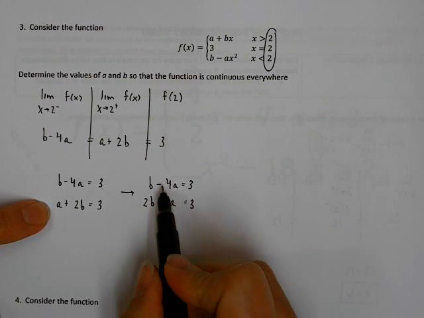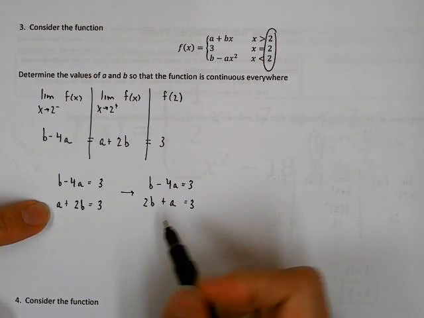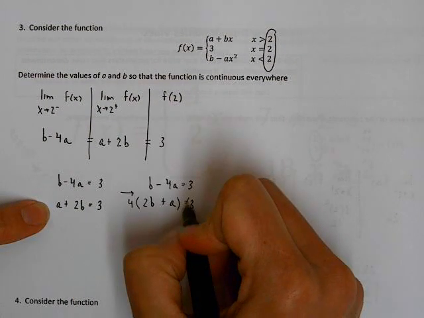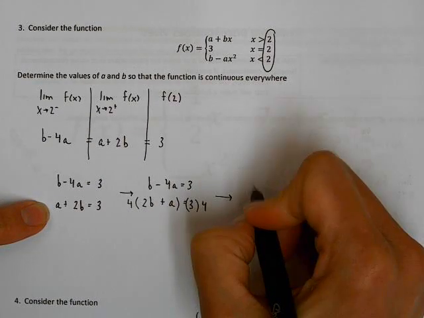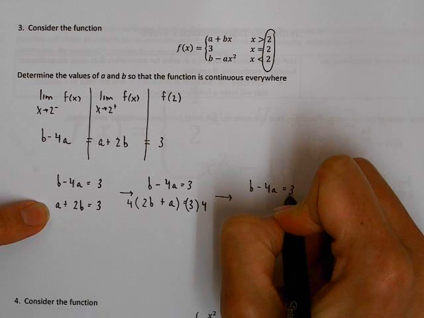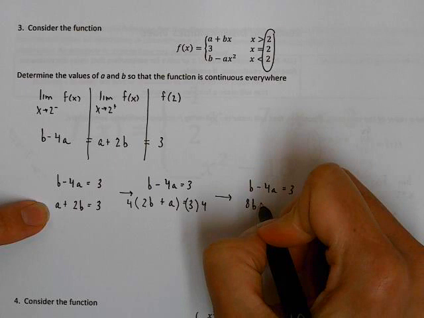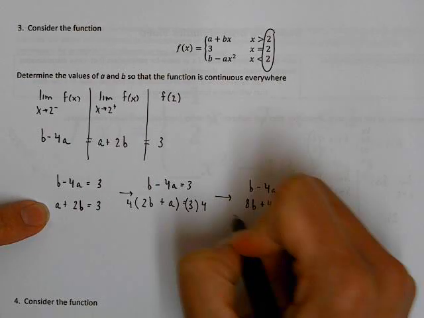Now, since these already have opposite signs, my a's, I want those to cancel, which means I'm going to have to multiply everything in my second equation by 4. So rewriting one more time, I get b minus 4a equals 3, and I get 8b plus 4a is equal to 12.